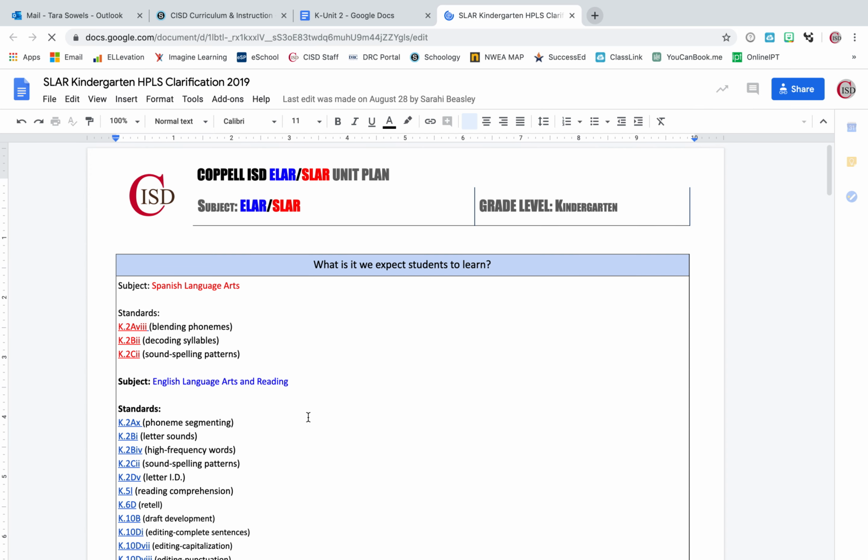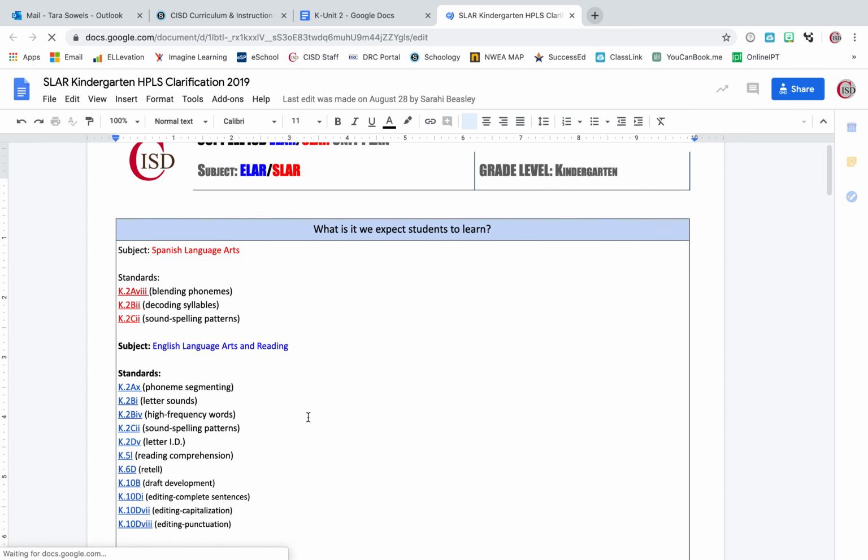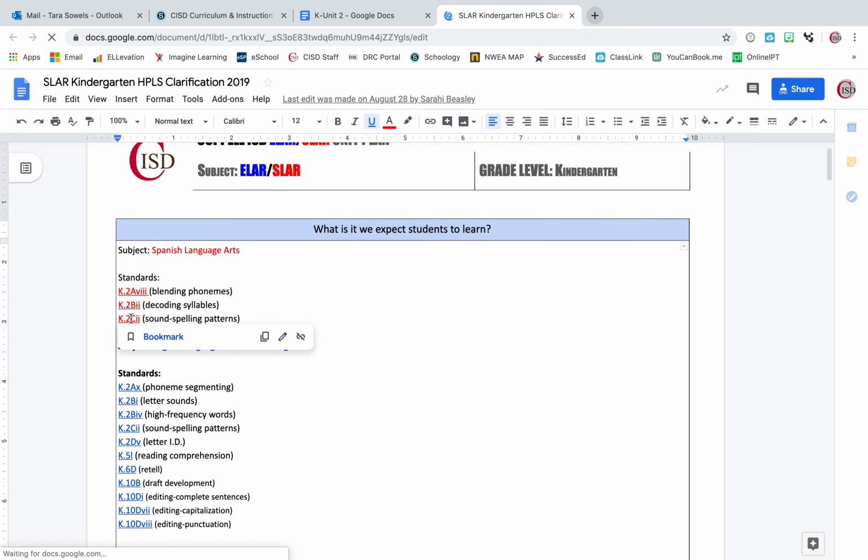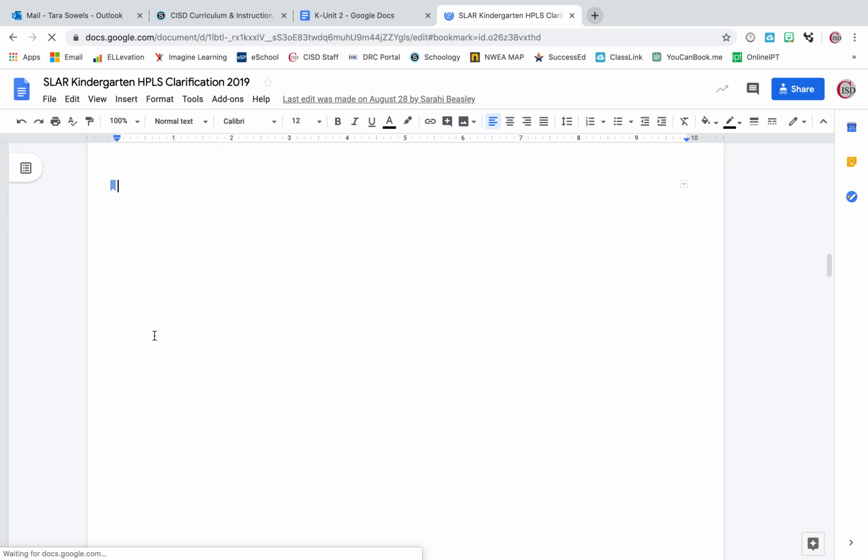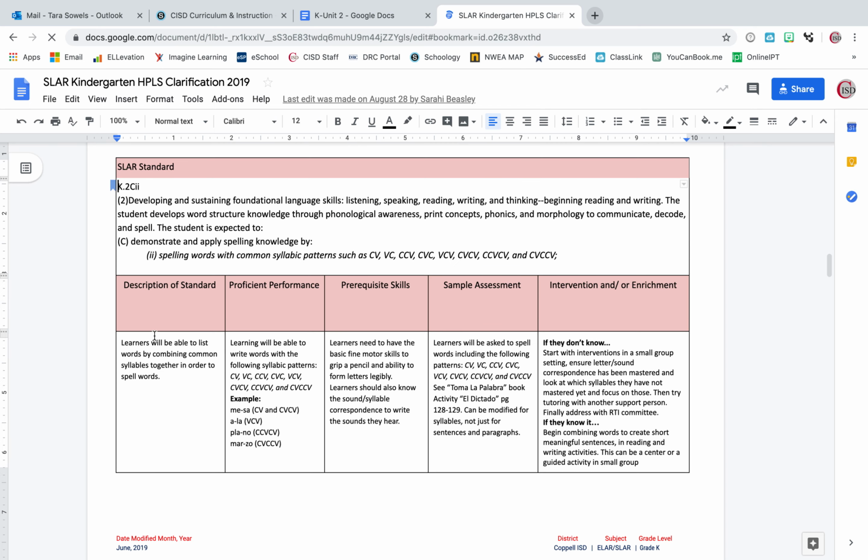Okay, so what we have here is the HPLS for Spanish Language Arts. These are all hyperlinks, so you can click on any of these as soon as the page loads, and it will be a bookmark to that particular page. It has the English high priority learning standards as well if you teach in both English and Spanish.